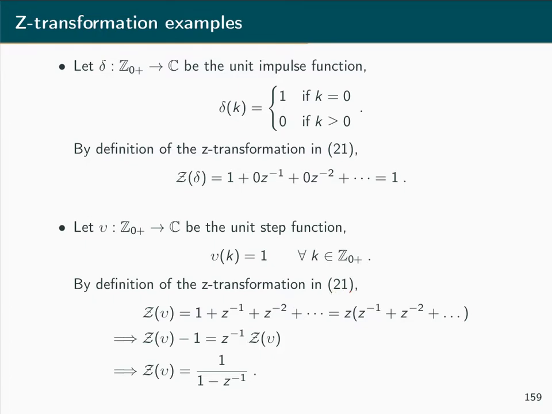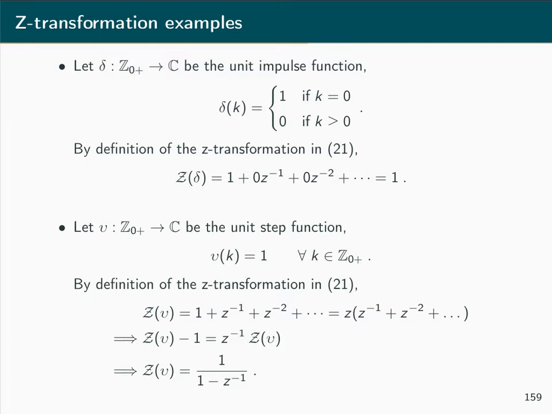And if we apply this formula here, we get the infinite series of 1 plus z to the minus 1 plus z to the minus 2 and so on, where we take out the factor of z from each of these infinitely many terms. And what we are left with then is, in brackets, z to the minus 1 plus z to the minus 2 plus z to the minus 3 and so on.